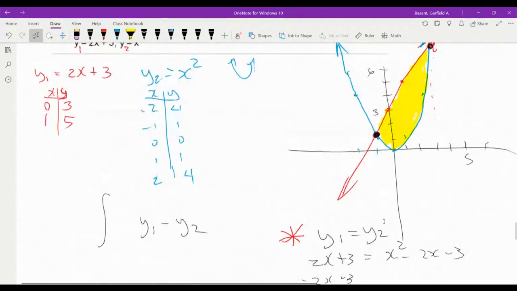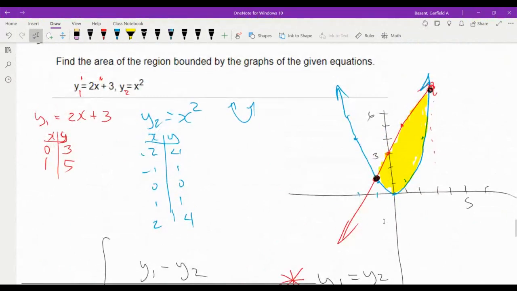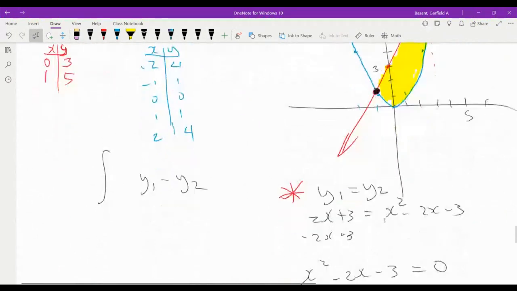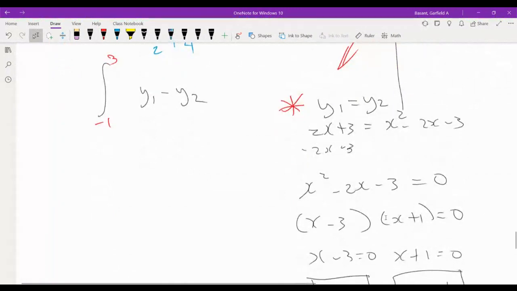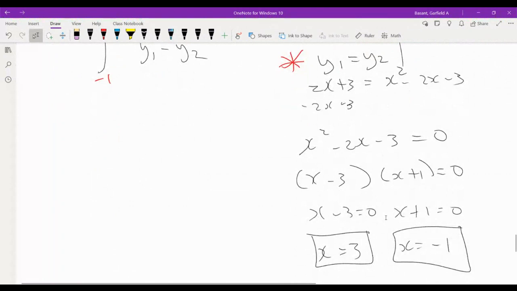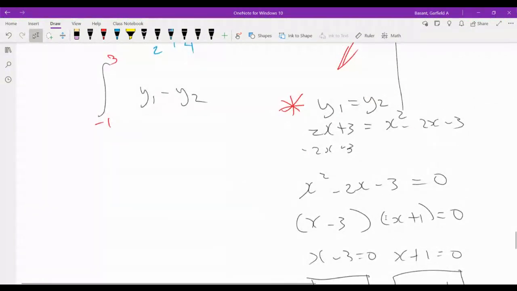So now we know which numbers to put on the left and on the right: -1 and 3. So you do have 3 problems like this when you're going to solve.